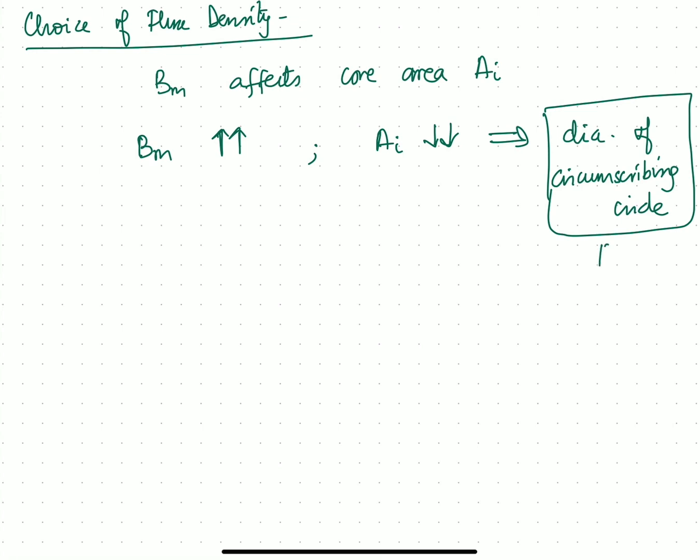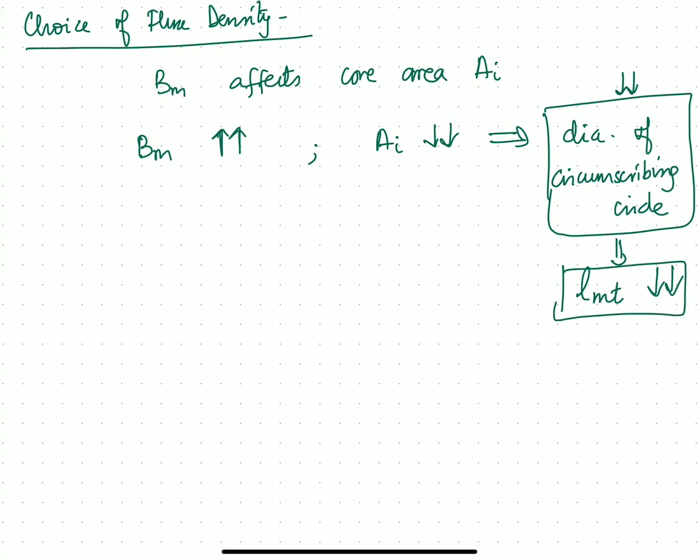If this diameter is reduced, what happens? The mean length of the mean turn of the winding is reduced. This also we discussed in the previous lectures.